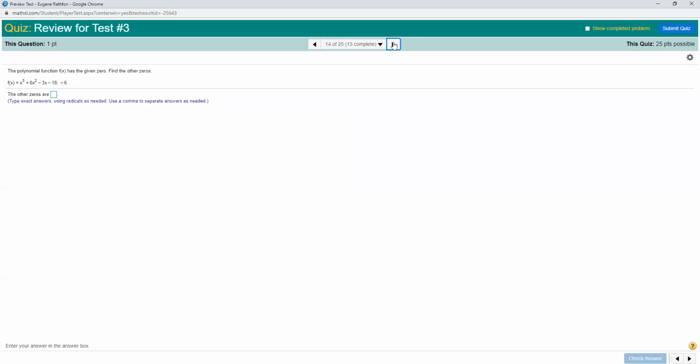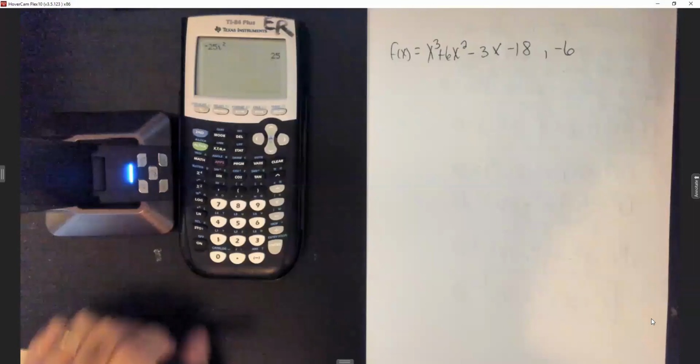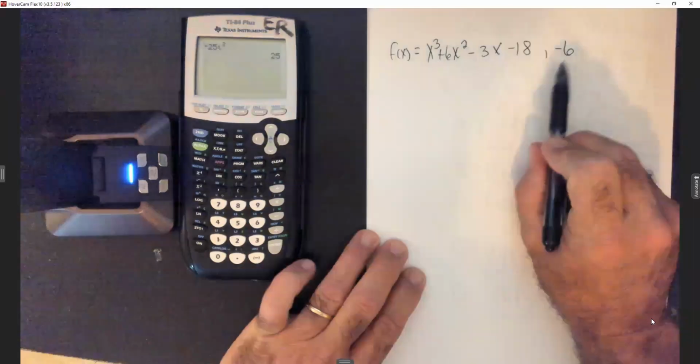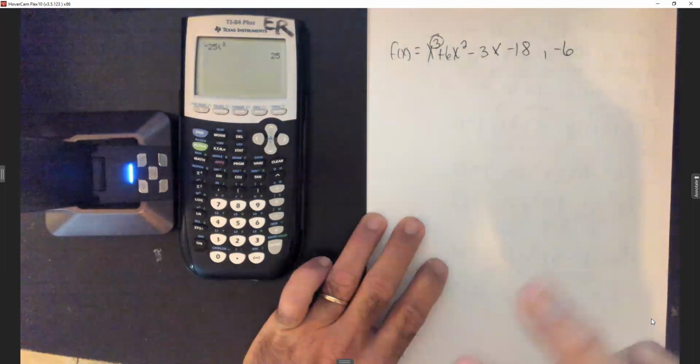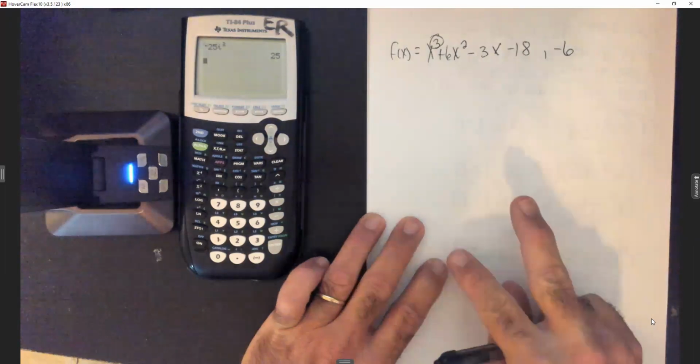All righty, so let's go to our screen. Since they're giving me one 0 is negative 6, I know that since that's a degree 3, I got 3 zeros altogether, and I know I can get the last two doing some kind of quadratic equation. So I got to knock out this one first.